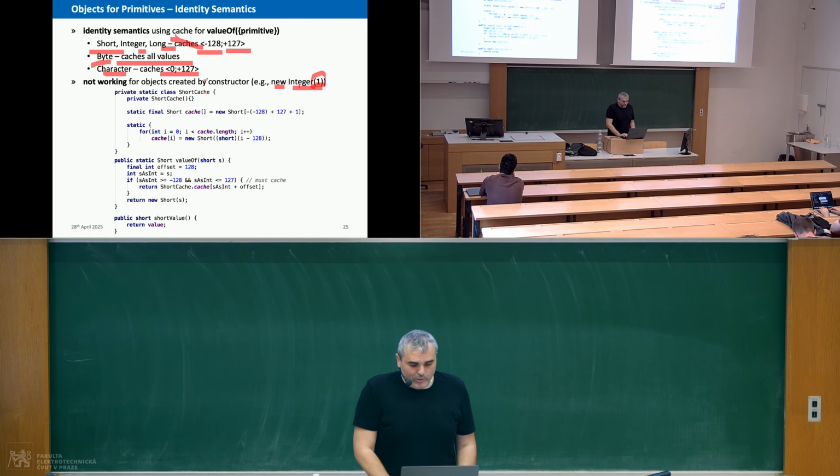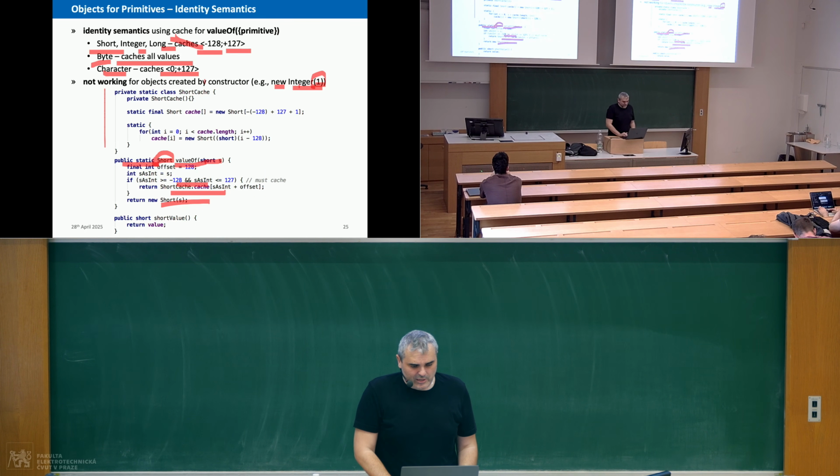If you use autoboxing, that's the reason why there is that autoboxing using valueOf. ValueOf is a static method, so a factory method of the Integer. It is not the constructor yet. So using this provided primitive, it can do the lookup into the cache and return the value from the cache. If it is not matching the cache, it can create a new instance using the constructor.